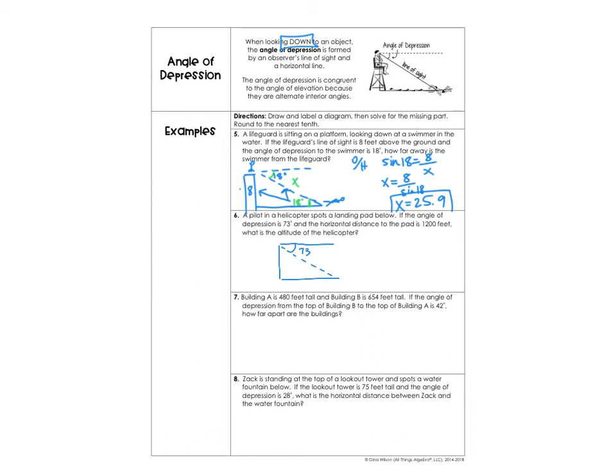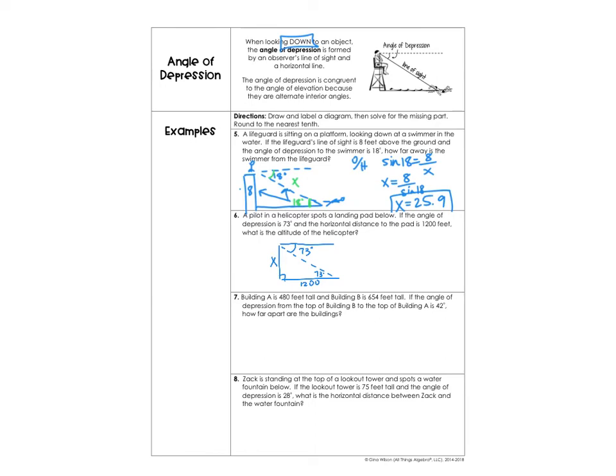Okay, now we're going to create our other triangle. If this is 73 degrees, then this is 73 degrees. That's the angle of depression. The horizontal distance of the pad is 1,200 feet. So the pad is on the ground, it's 1,200 feet. What is the altitude of the helicopter? So how tall or how high is the helicopter? So we're looking for that height.